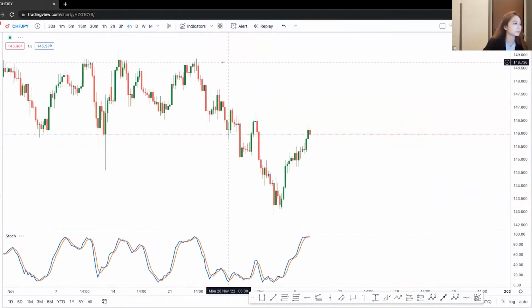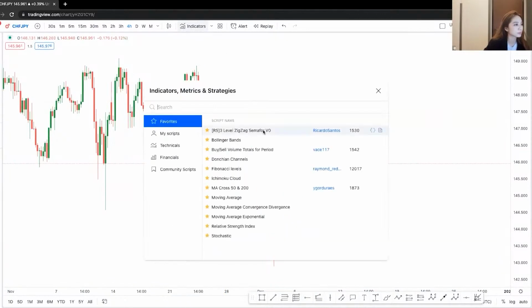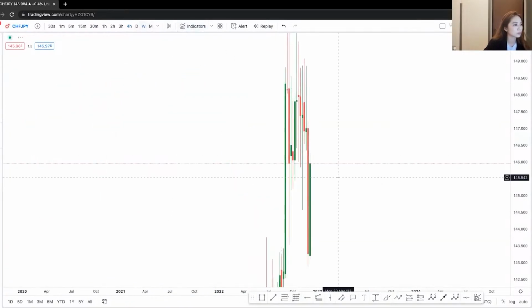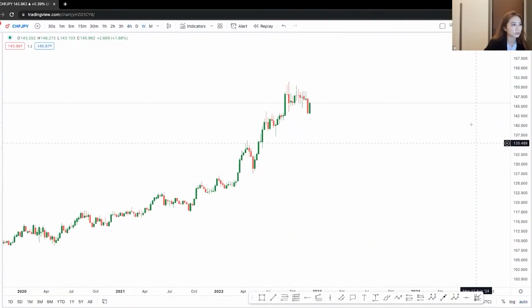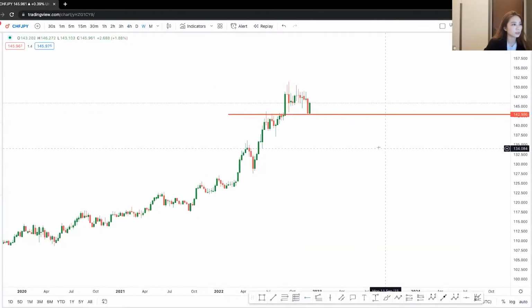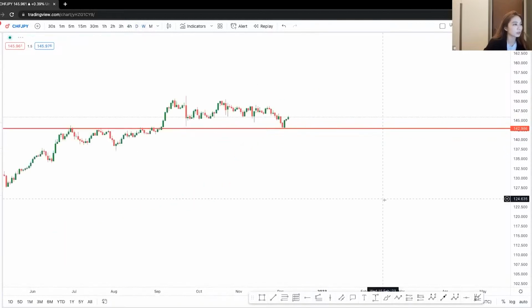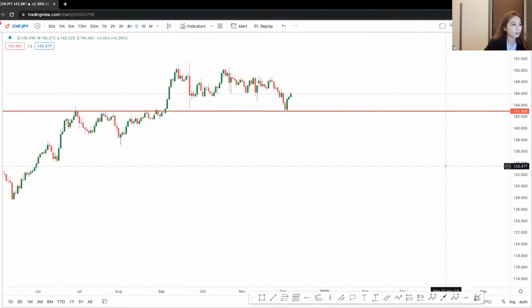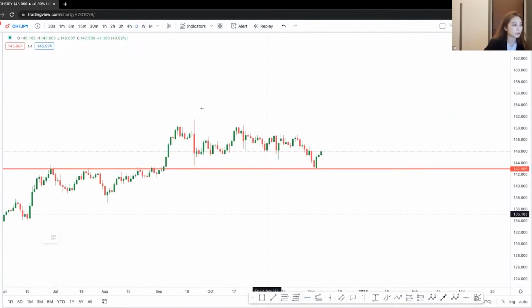There's a Franken. Interesting. We're looking at resistance and support level. Let's look at daily. You can see that actually price is moving up and down between these two levels.